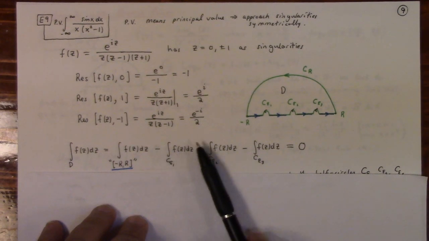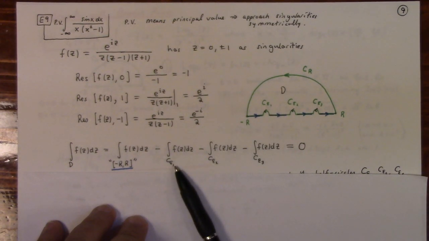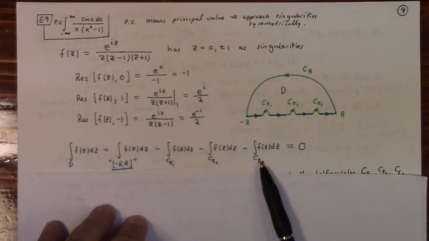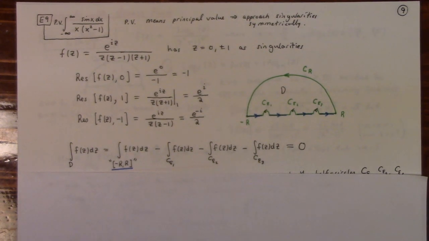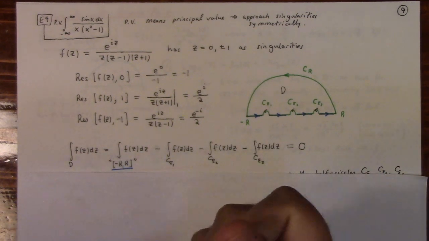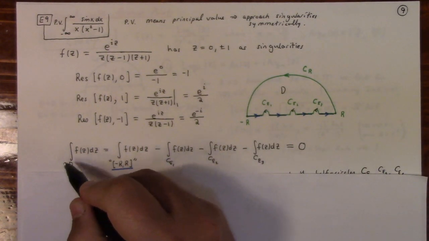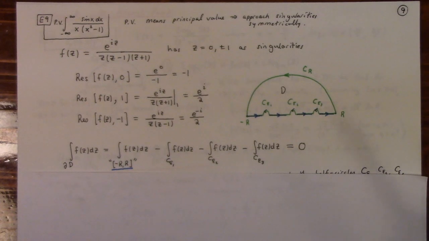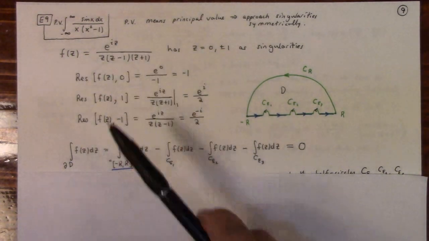And then, of course, minus the integral over the counterclockwise oriented epsilon 1, epsilon 2, and epsilon 3. That's equal to the integral over the boundary of D, I should say, of f of z dz, which is just 0 here because there is no singularity except on the edge.